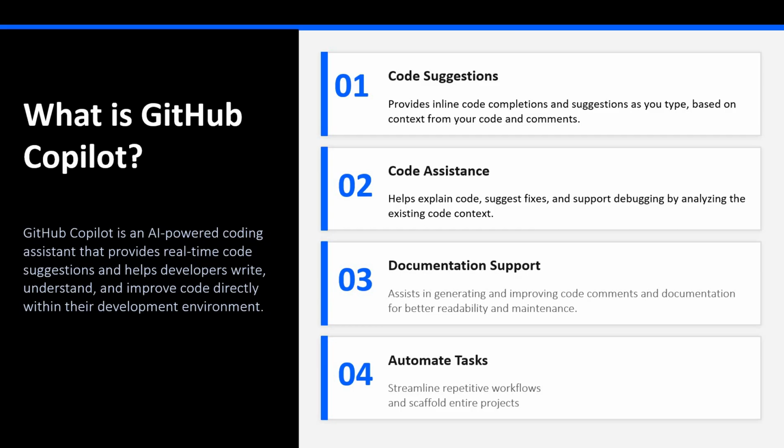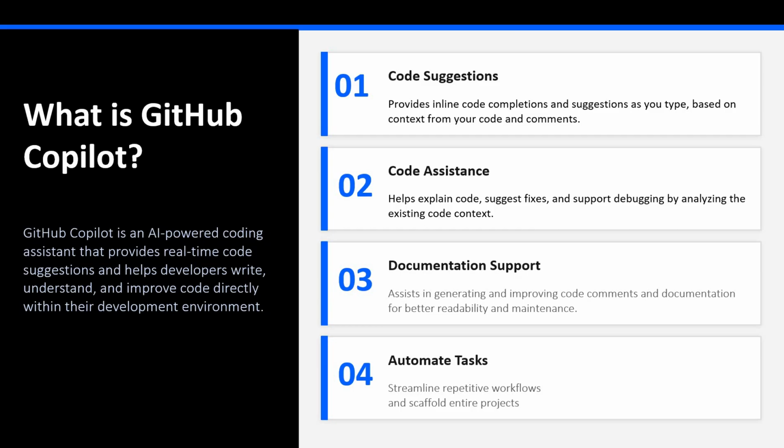Inside VS Code, when you start writing some code, it will automatically suggest whether it is correct or not, or whether it can be written in a better way or not. Okay, so that comes under code suggestion. It can also write complete code for you. It can also help you prepare the documentation for it. So these are all things that are enough to explain that yes, it is an AI powered coding assistant tool.